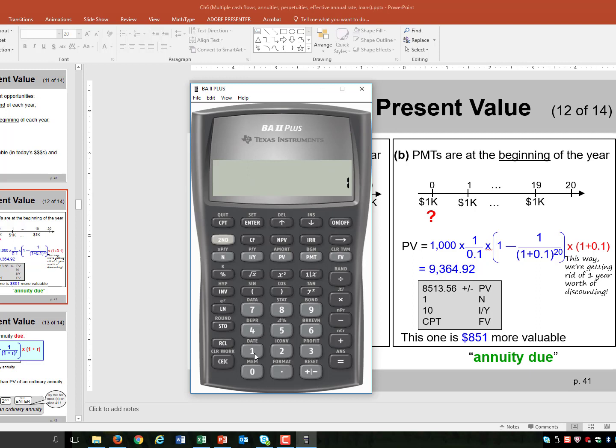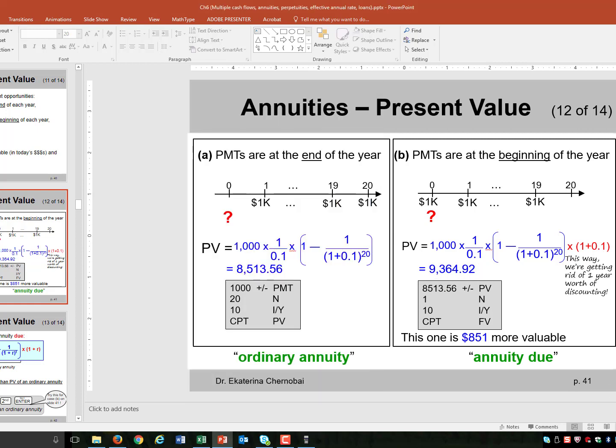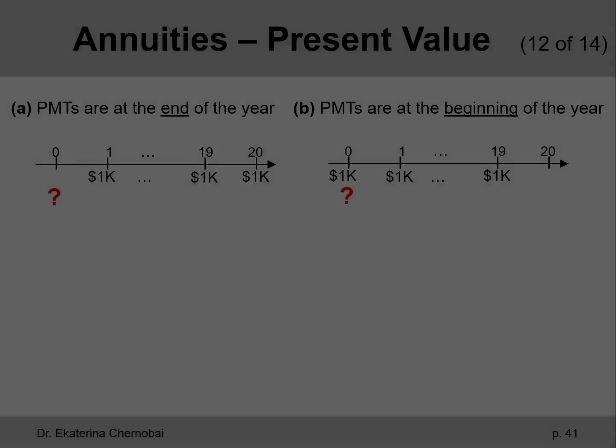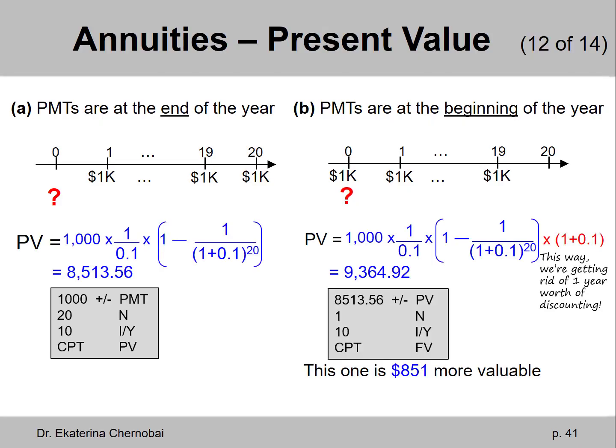So I press 1N. The interest rate is 10%. I press 10 IY, and I'm computing future value, $9,364.92. And then you can compare the two results in cases A and B, and the difference between the two present values that we found is $851.